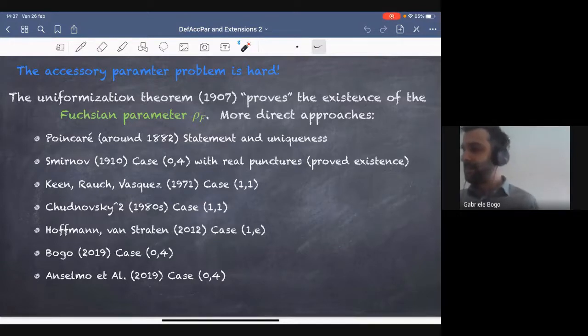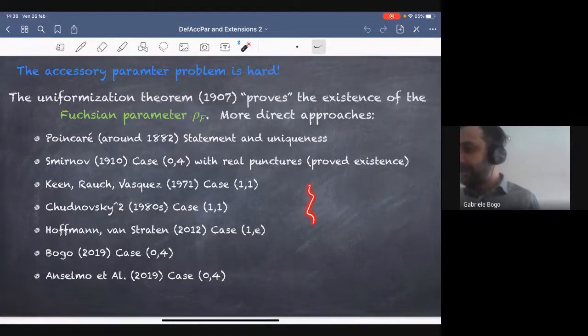And here I just wrote a list of different people who studied this problem in an explicit way, wanting to determine the Fuchsian value of the parameter. The only case where you have a real solution of the problem was given by Smirnov in 1910, where he proved that the accessory parameter exists for a sphere with 4 punctures and real punctures.